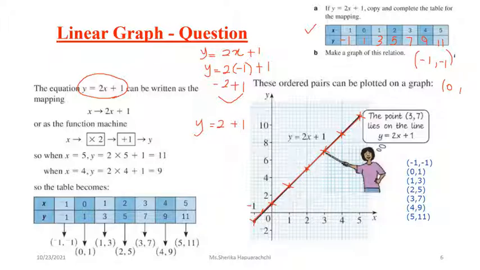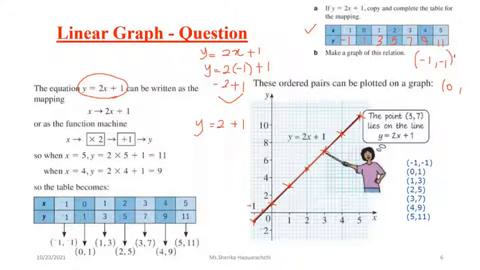So what is the first thing you have to do when you get an equation? First, if they have mentioned some of the values to take for x, you take according to that. If not, you can take any values that you want, but make sure you try to represent both negative and positive values.